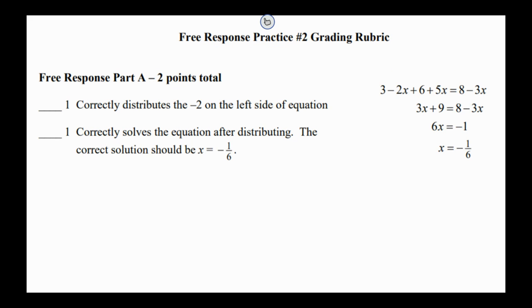So for this part, there were 2 points possible. 1 point for correctly distributing the -2 on the left side of the equation. And 1 point for correctly solving after distributing. The correct solution should be x equals -1/6. Okay, the work is right here. If you missed a step, go ahead and fix it.